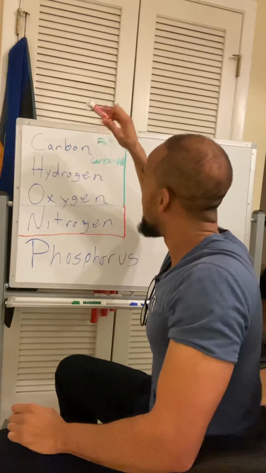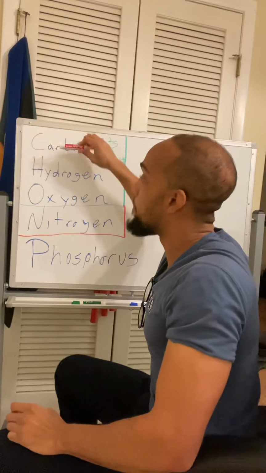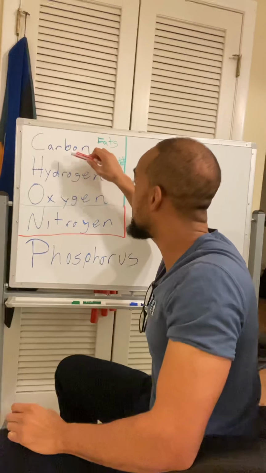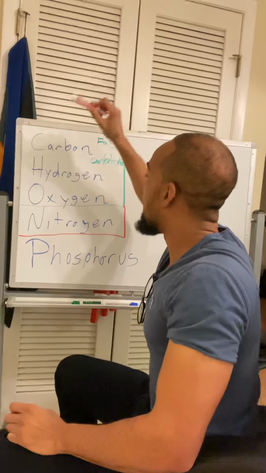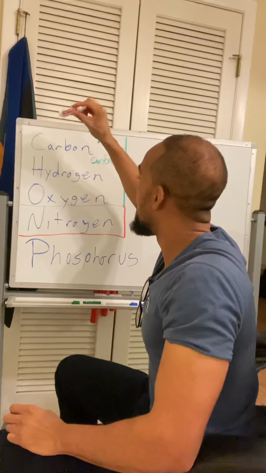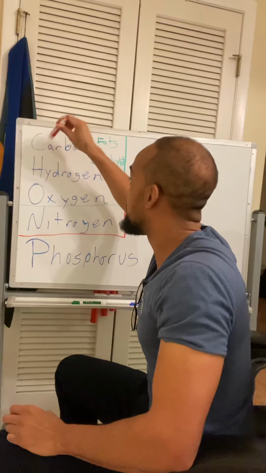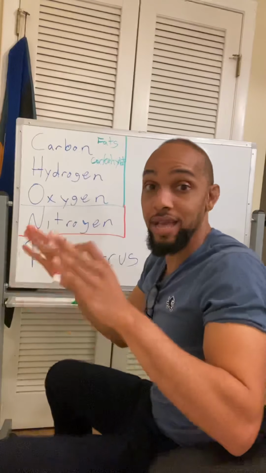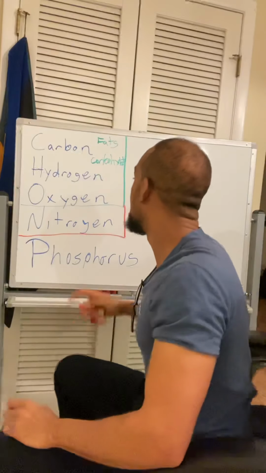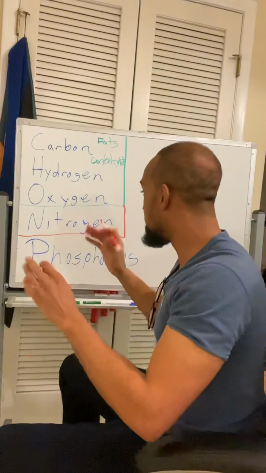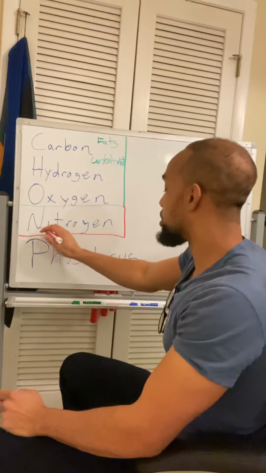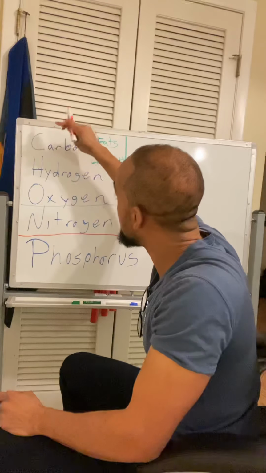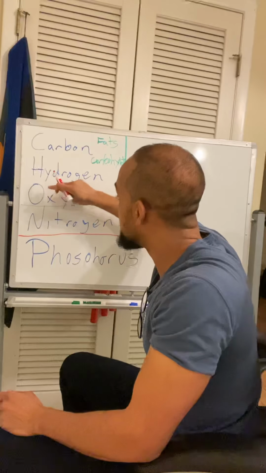Atoms of the same type make up an element. Remember that distinction. And then compounds are a combination of different kinds of elements. Do not get that confused. Cannot stress that enough.